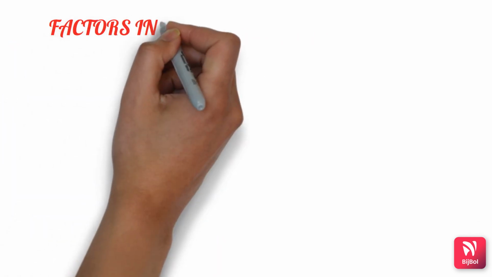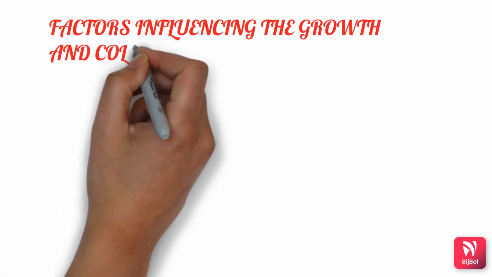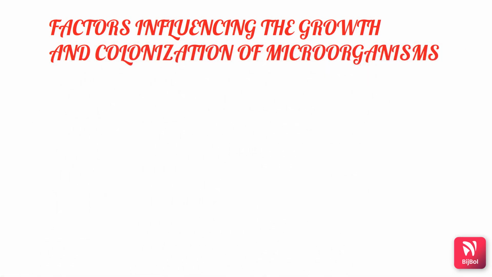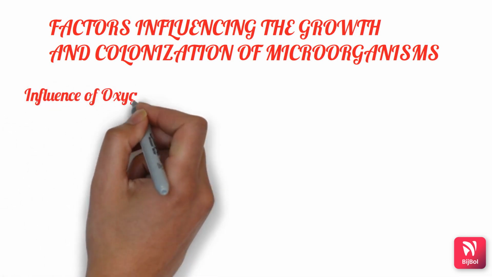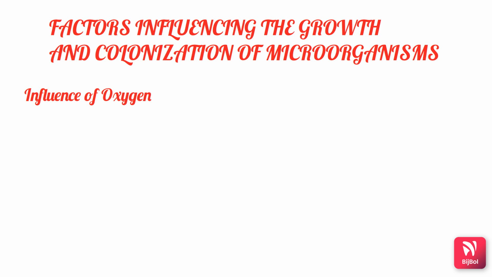If you see the factors influencing the growth and the colonization of the microorganisms, it is based on the influence of oxygen, that is, the low availability of oxygen in the infected root canals, which causes a high number of facultative organisms in the root canals.